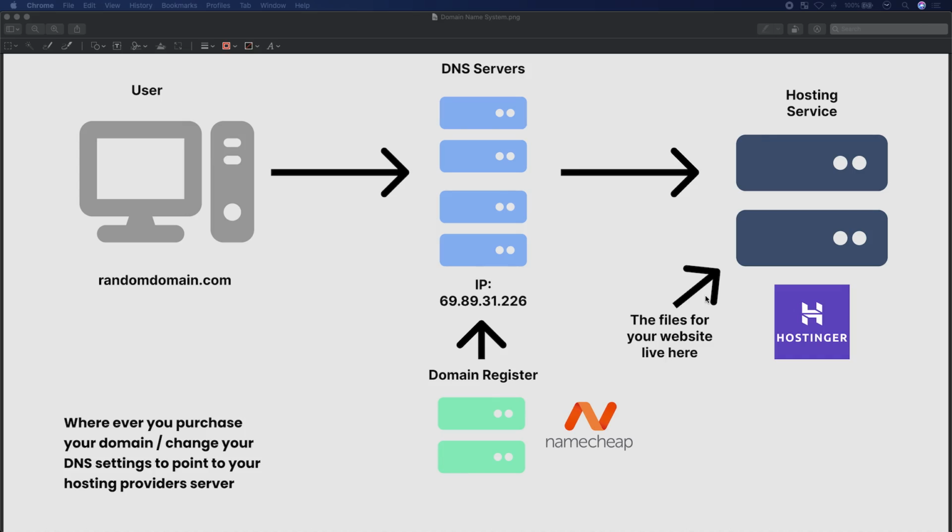And then the last thing that I wanted to mention here is that when you go to Hostinger, a lot of times, and I'm not an affiliate, this is not a paid promotion, they pretty much give you a step-by-step walkthrough of how to get this done.